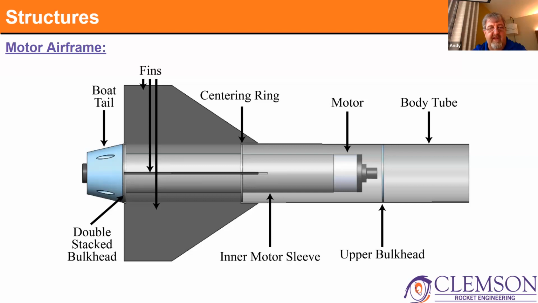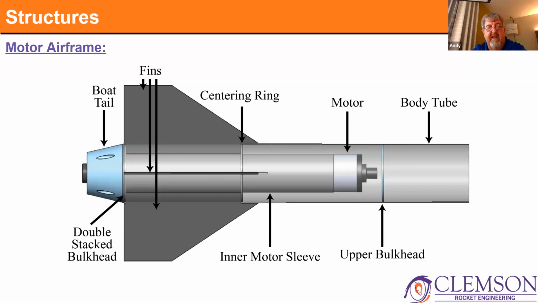So the fillets that I noticed on your fins to your body tube, those are pretty stout. Those are pretty beastie. Have you guys considered doing any type of tip-to-tip glassing of those fins? We have, and the fin flutter calculations didn't show that we needed that. So we did not do that.